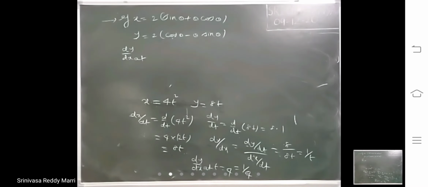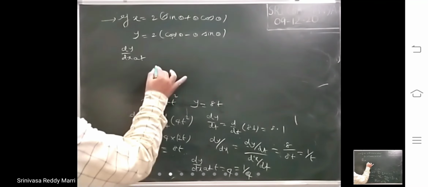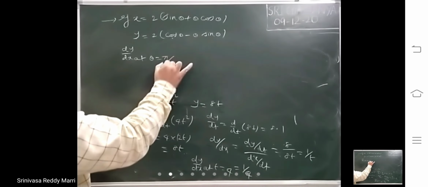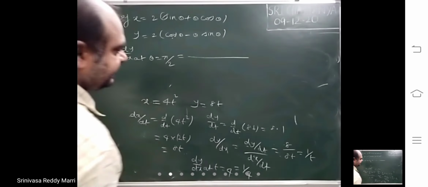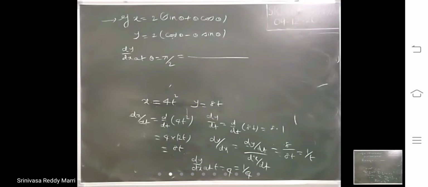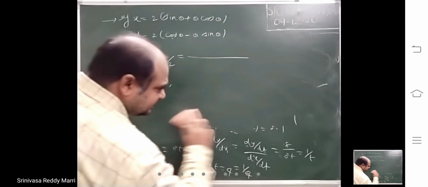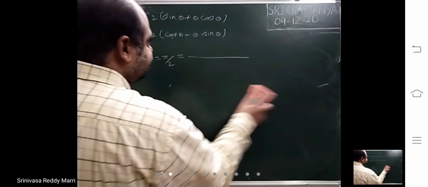Find dy by dx at the given theta. Just instead of t, he has given theta.